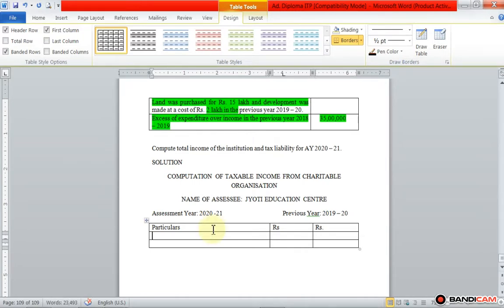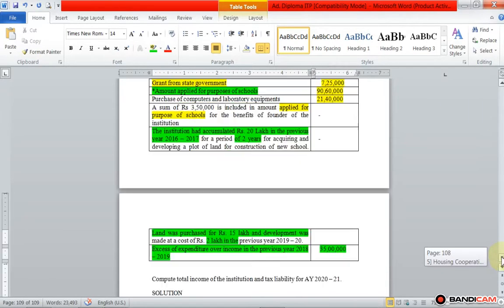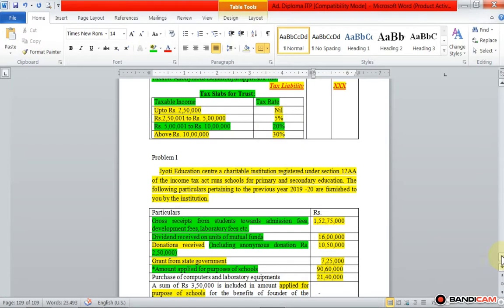So here first point is income, that is we already found out the income of the Jyoti Education Trust.